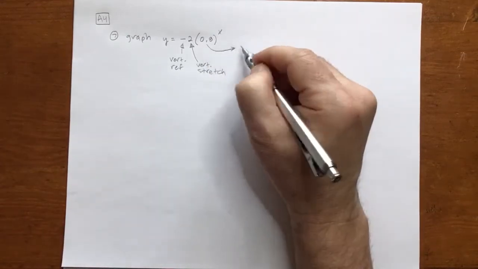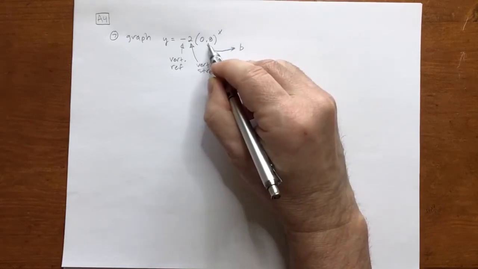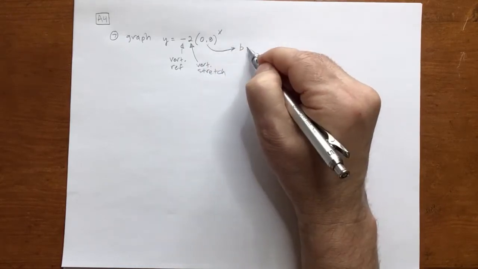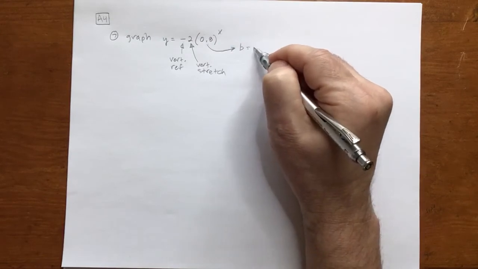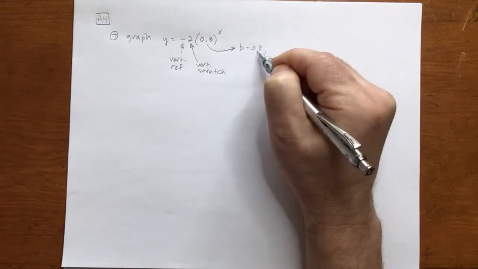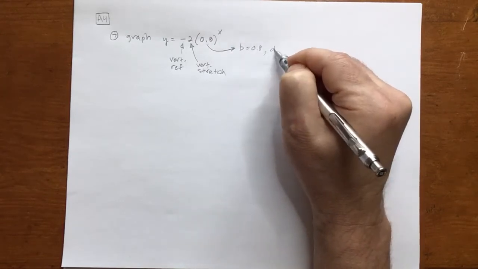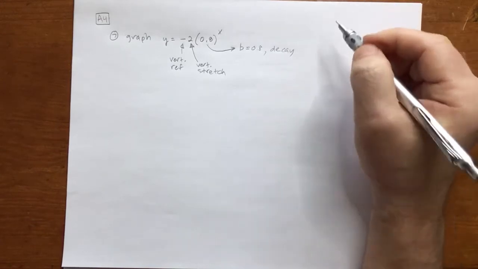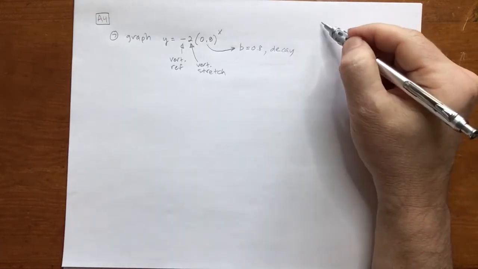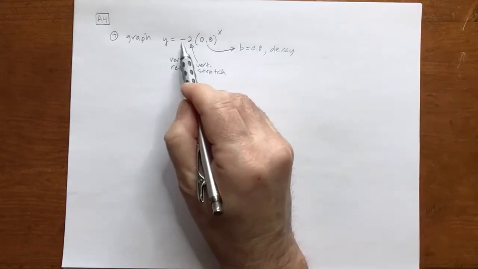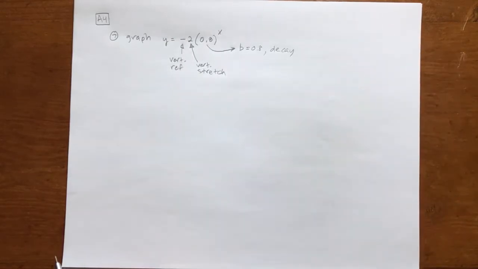Remember, the only thing we look at is the base of the power, which is 0.8, less than 1, so this must be decay. Before, when we saw a decay graph, it was going down like that, but clearly these will change that.